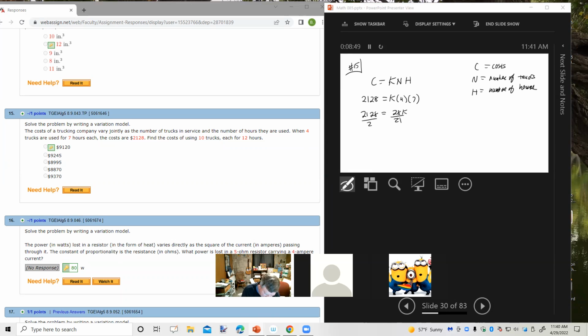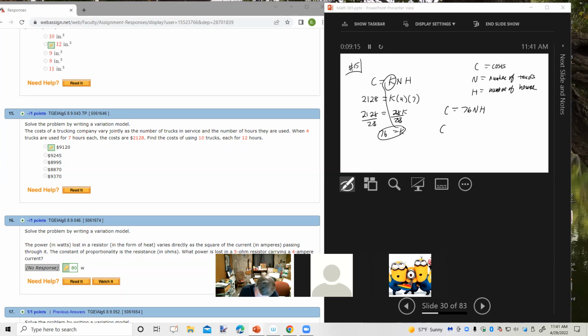Divide both sides by 28. 2128 divided by 28 is 76. So now we've got that, because 76 goes in the place of K.